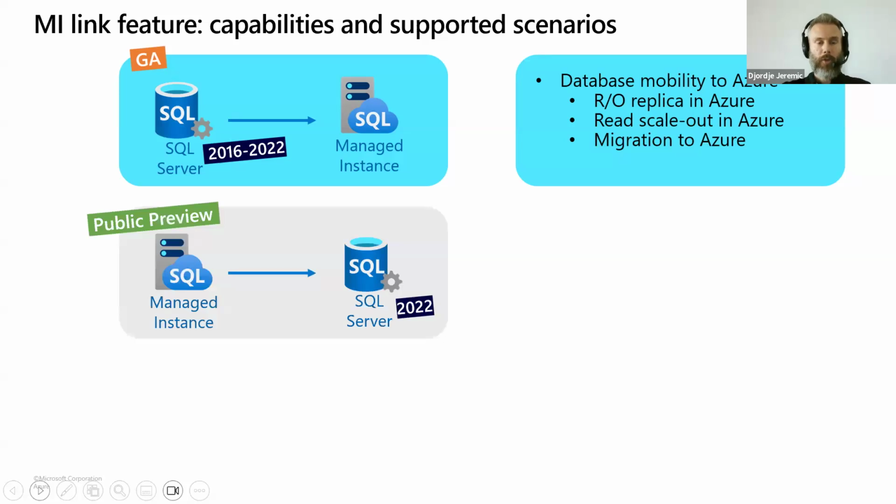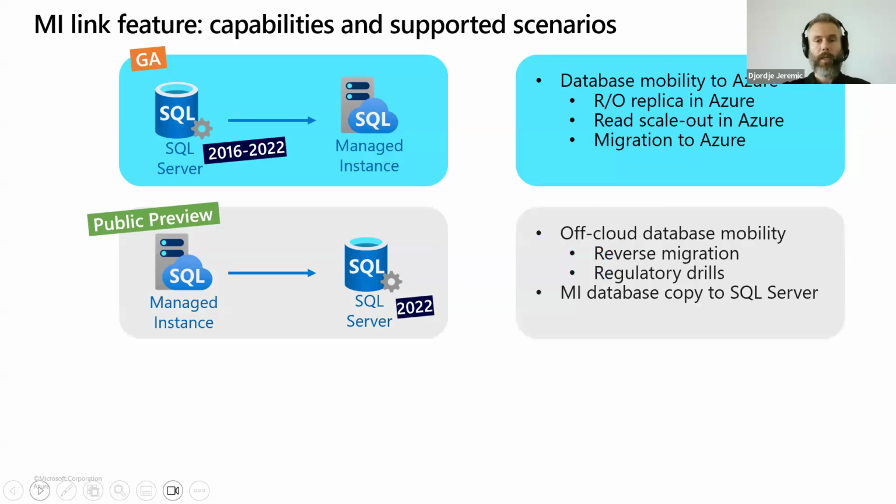In public preview, we also have a capability to create a link from SQL Managed Instance to SQL Server. This capability is supported in SQL Server 2022 only, and it brings you additional capabilities, as we call it, reverse migration and the regulatory drills that I mentioned previously.